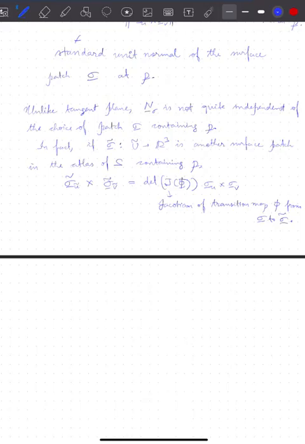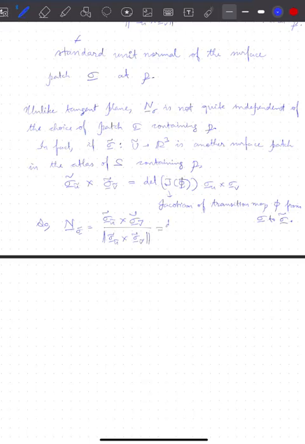So what happened here is that the issue we face is that n tilde, the normal for sigma tilde, is sigma tilde_u tilde cross sigma tilde_v tilde by the norm of sigma tilde_u tilde cross sigma tilde_v tilde.